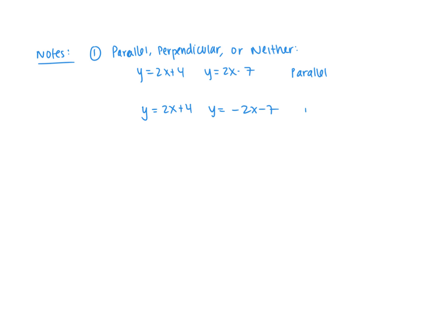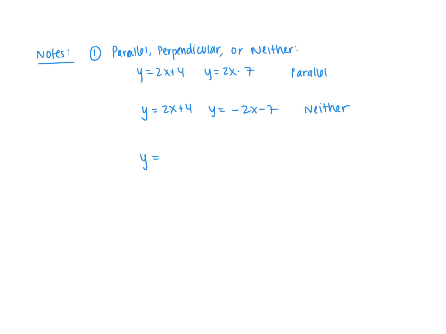Neither. 2 and 2 would be parallel. What is perpendicular to a slope of 2? Negative 1/2.